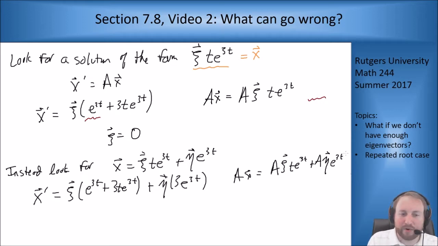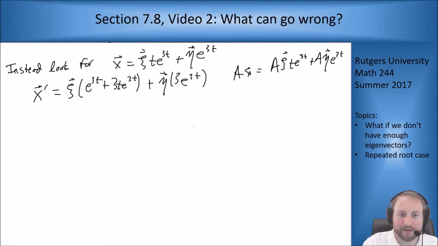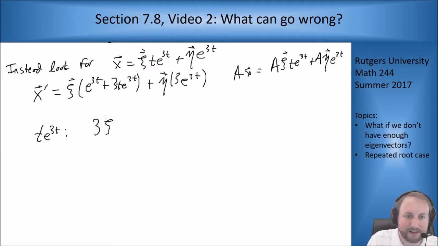Well, now I've got terms on both sides, so let's match them up based on what they have as their functions of t. If I look at my t e to the 3t term, what I see on the left is 3c, and what I see on the right is ac. And for e to the 3t, what I see on the left is c plus 3 eta, and on the right I see a eta.